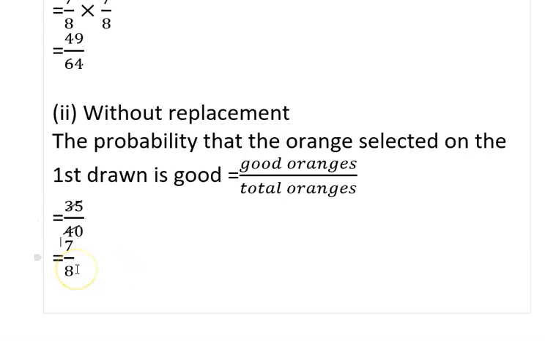We'll have 8. The probability that the orange, now without replacement, it means if you are not replacing it, since the orange is not going to be replaced, the total will now be, instead of the total to be 40, the total will now be 39. The good oranges will now be 34. That's the meaning, without replacement.